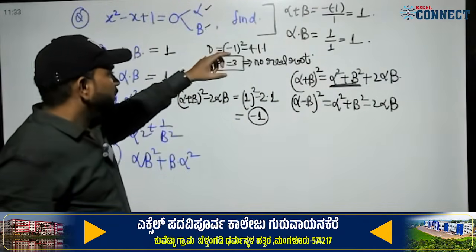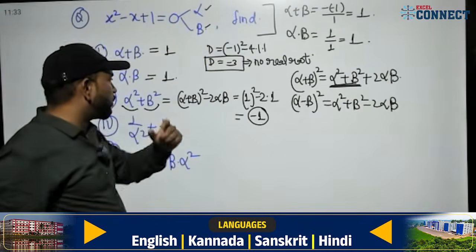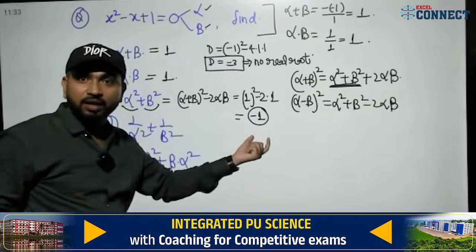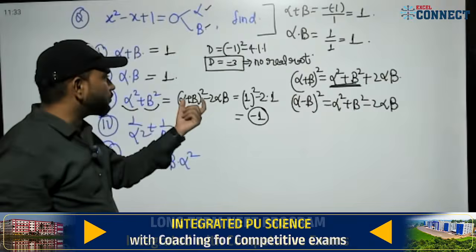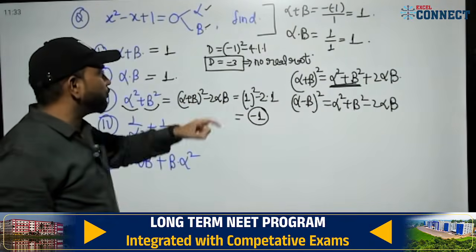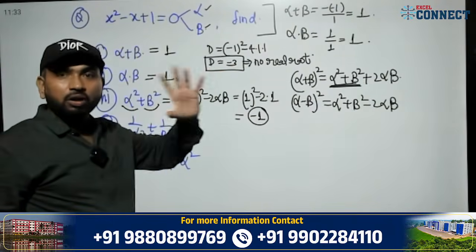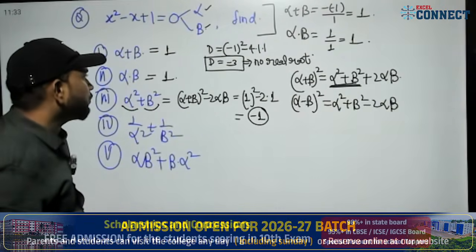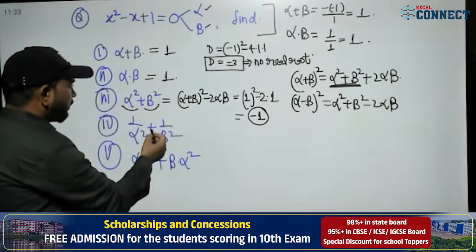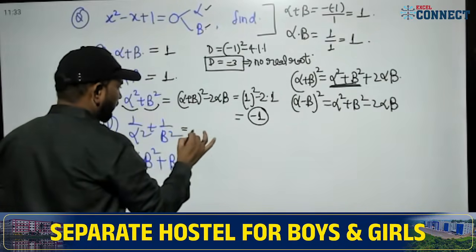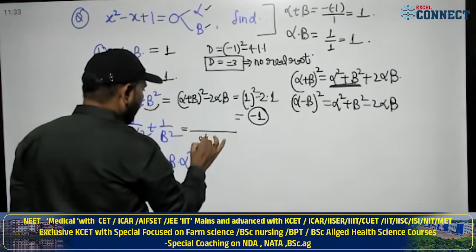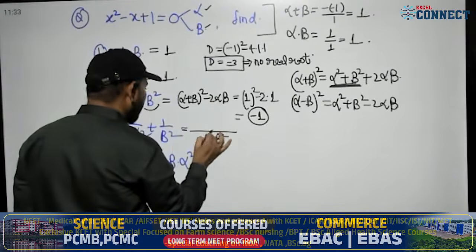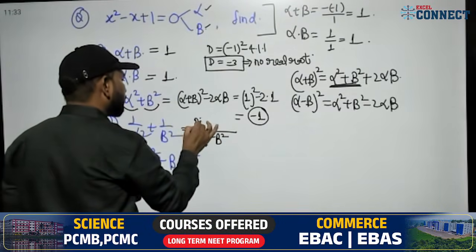That's why these are imaginary roots, so the whole square can also become negative here, because they are talking about imaginary roots. Okay. So if I need to find this part, then I can take LCM: alpha square, beta square.